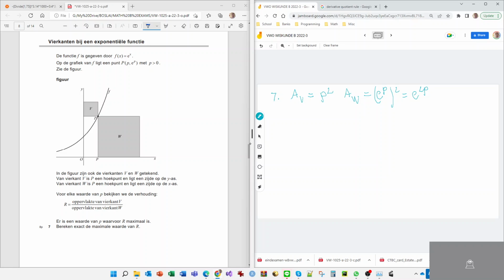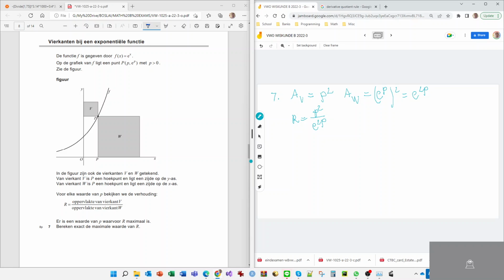So now we know what the ratio is. It's p squared divided by e to the power 2p. And now we need to find for which p this is maximum. So we just calculate where the derivative of r as a function of p is 0. And since it's given that it has a maximum, we should assume that whatever that p is, it's a maximum, not a minimum.